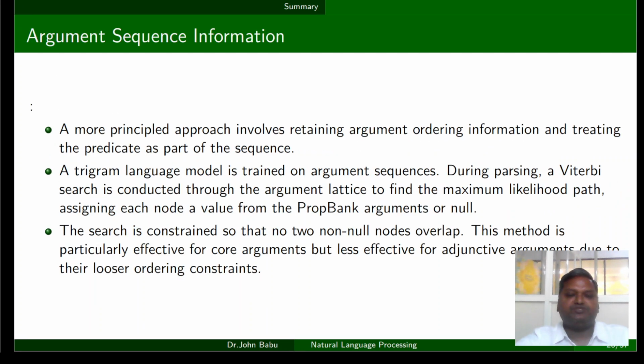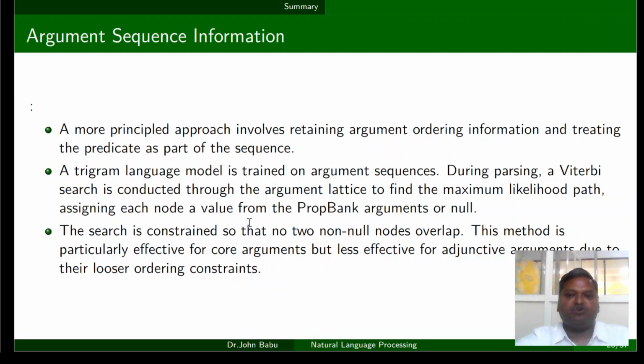The second method to overcome the independence assumption disadvantage is argument sequence information. This is a more principled approach involving retaining the argument ordering information and treating the predicate also as a part of the sequence. So what we do in this method is we take a trigram model, a 3-word combination model, and it is trained on argument sequences.